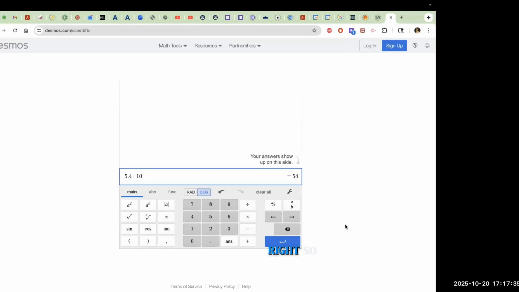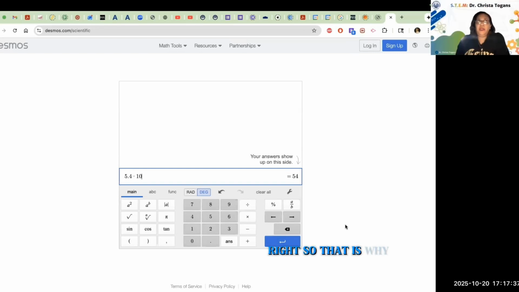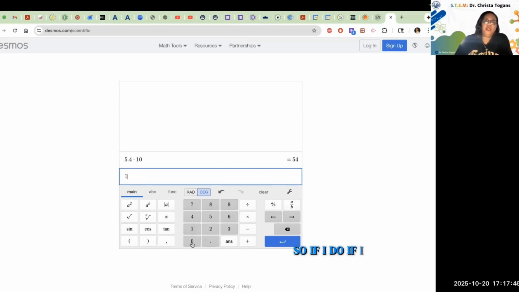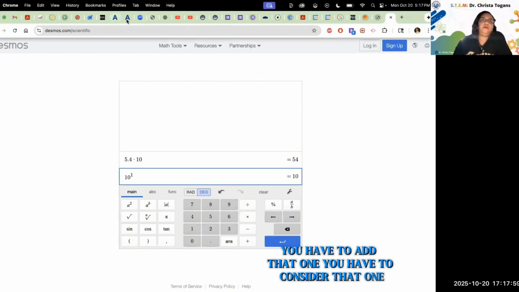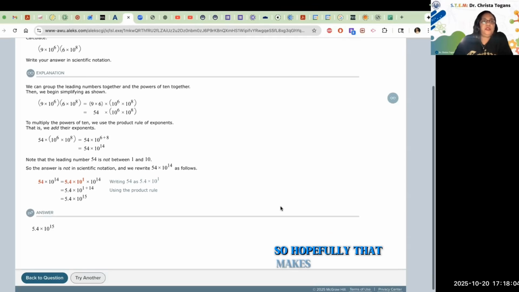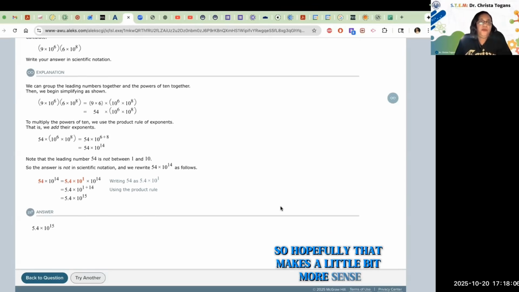That is why you do 10 to the first power, because 10 to the first power is just 10. If I put 5 to the 1, it is still 5. That's why you have to add that one. You have to consider that one. Hopefully that makes a little bit more sense.